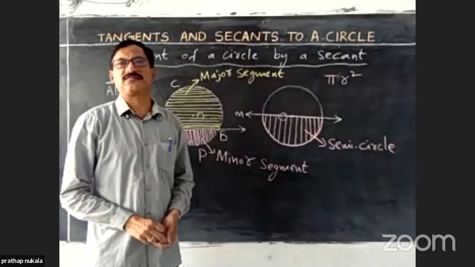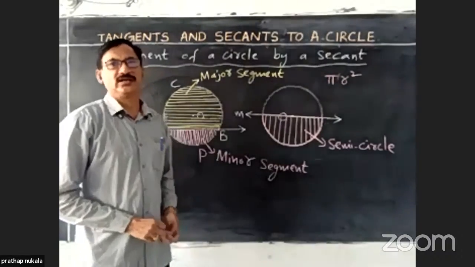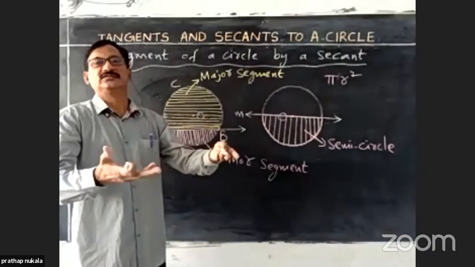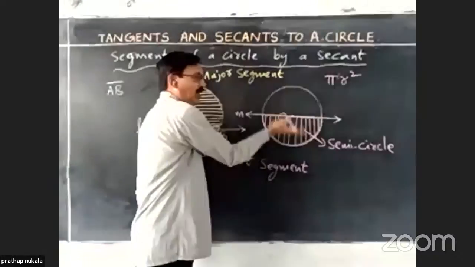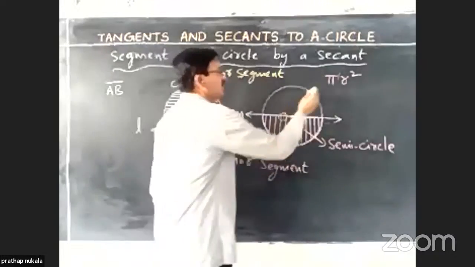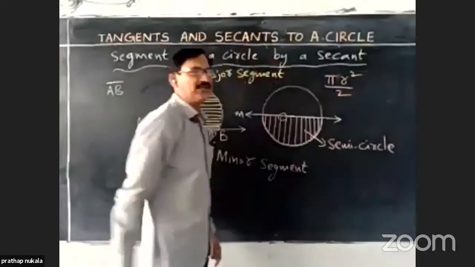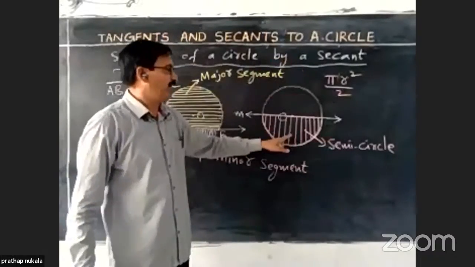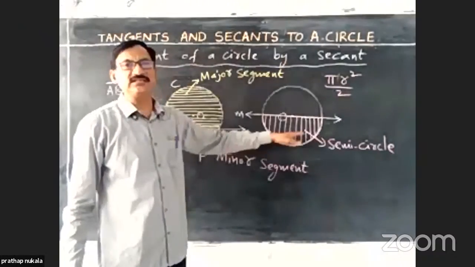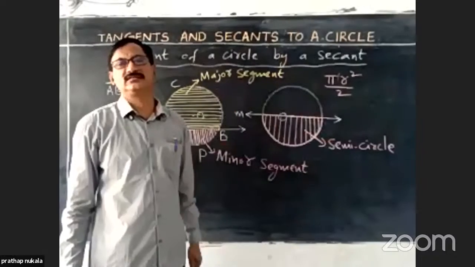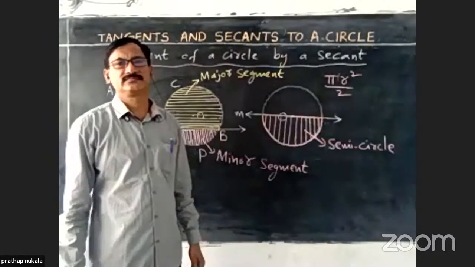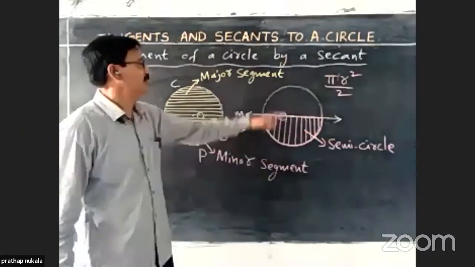It is pi r square. The formula is pi r square. To find the half portion, the area of the semicircle, divide by 2: pi r square by 2. Then it is the area of the shaded region, the area of the semicircle. That's all. Okay, it's clear.